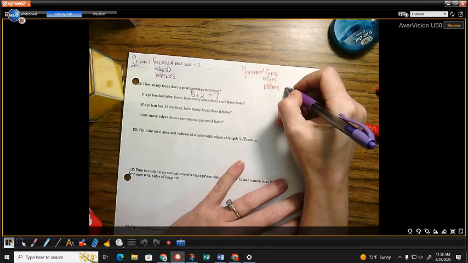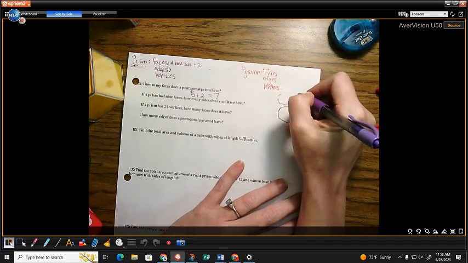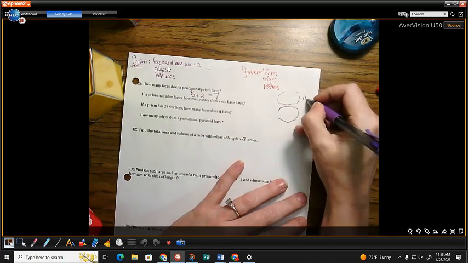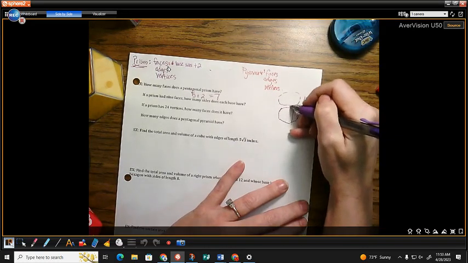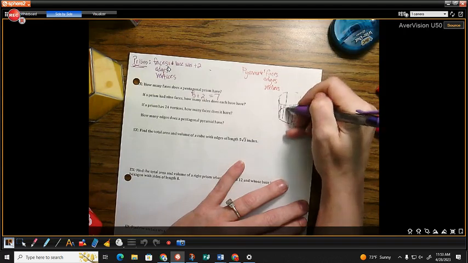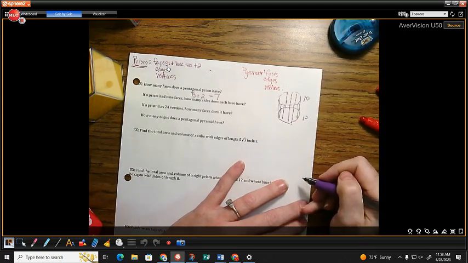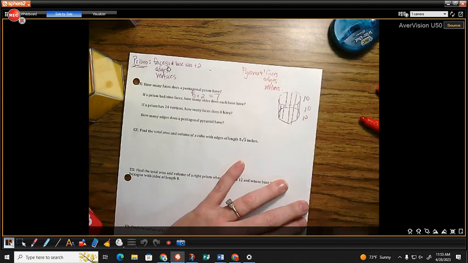What about on the other base? How many will there be? There'll be 10. How many edges will it take to connect the 2 bases together? It'll take 10 more. How many times did I use that number? 3.